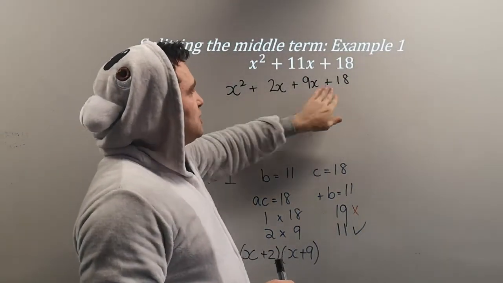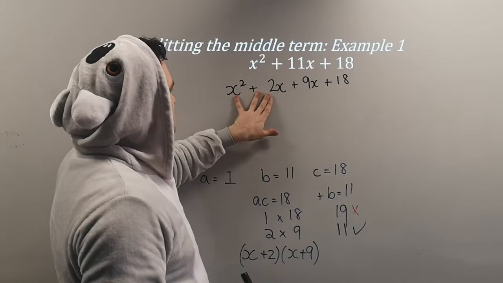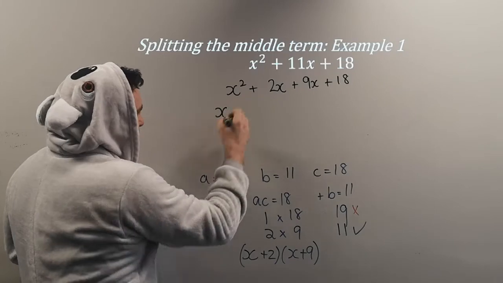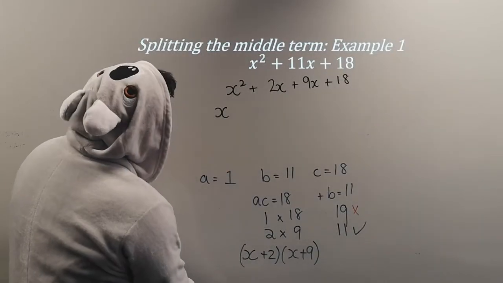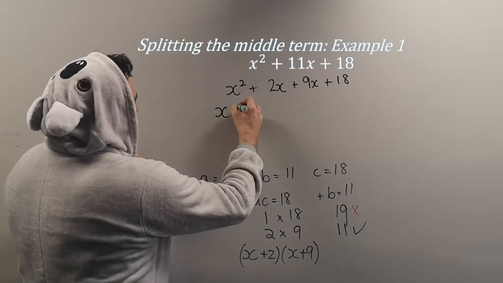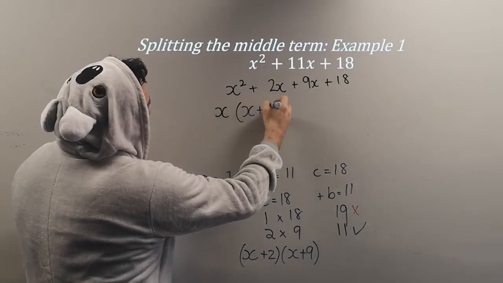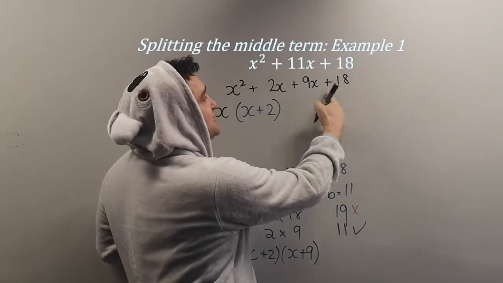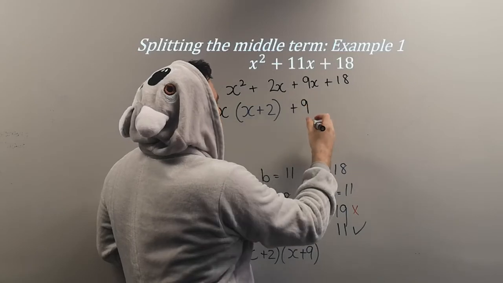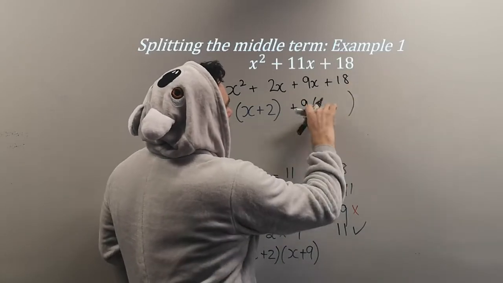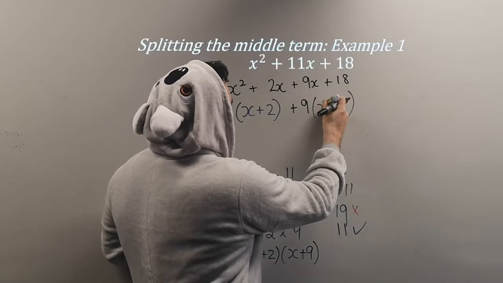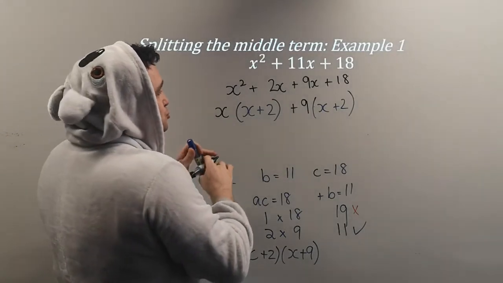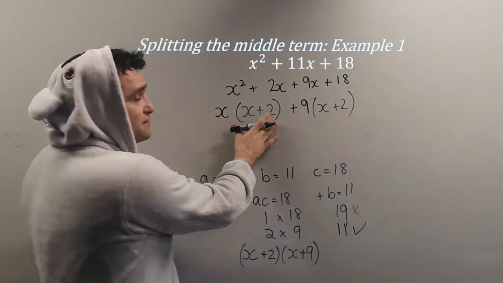Now we factorise each side. Factorising our x squared and our 2x, the only common factor is x. So we factorise out x, and we're left with x plus 2. On this side, I've got a common factor of 9. If I factorise out the 9, I'm left with x plus 2. Magical. Now I've got two terms with a common factor of x plus 2.